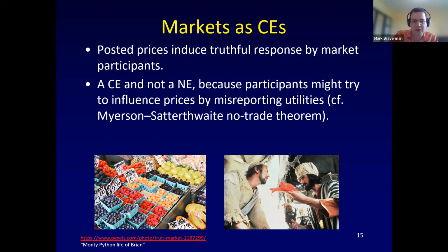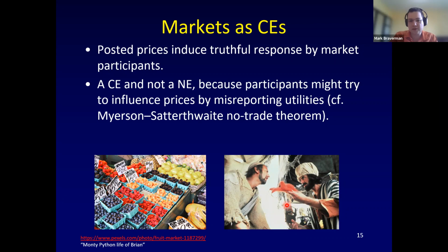If you have to negotiate the prices, as in a Nash equilibrium, you might try to influence prices by misreporting utilities, and that's what you do when you haggle for prices. You'll claim, oh, I don't really want this item, to drive the price down.